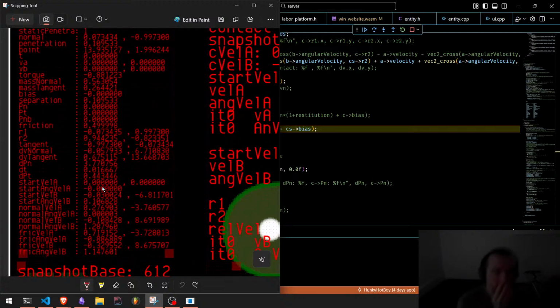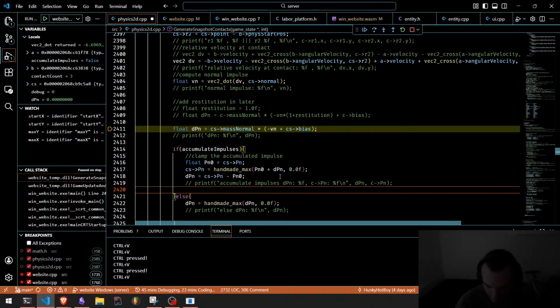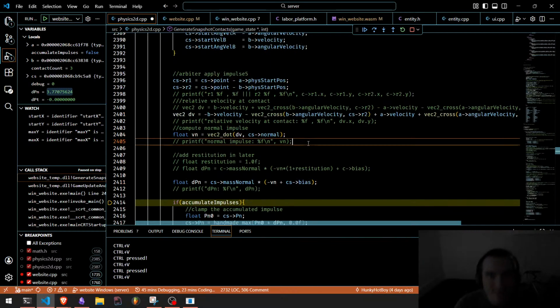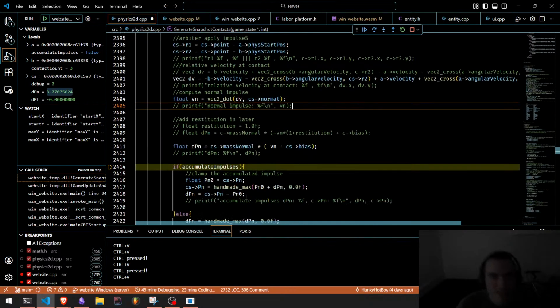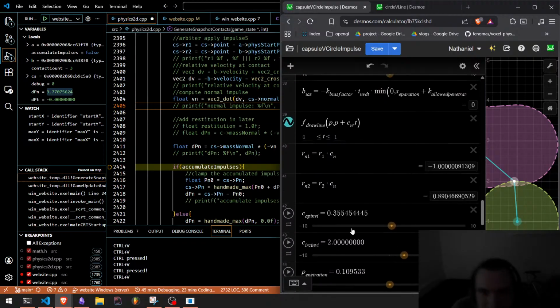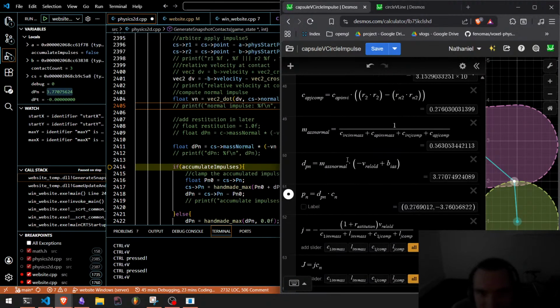Whatever, let's calculate the impulse normal next, which is, let's see if we get that right. It's the mass normal times the velocity normal plus the bias. The bias is 0, which matches up with what we have in the engine, which matches up with what we have in Desmos, I mean.